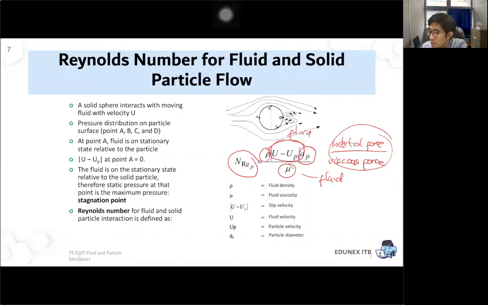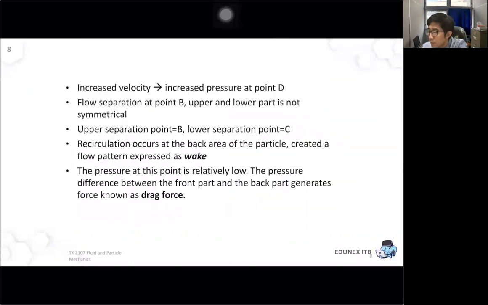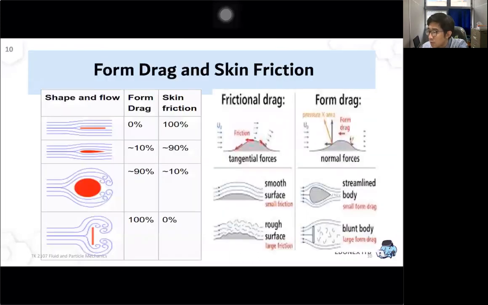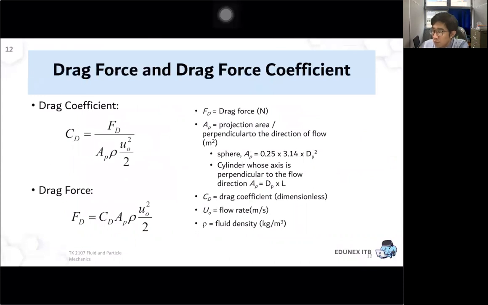And from this Reynolds number of the particle, you can calculate what we call the drag coefficient. So the drag coefficient basically is the drag force divided by the area, density, and the square of the velocity. And the concept is similar with the friction factor.